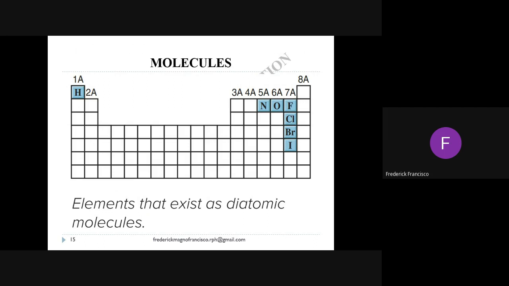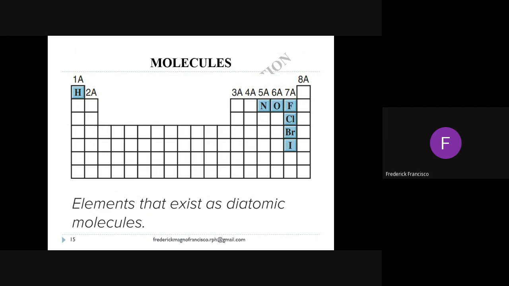The hydrogen molecule, symbolized as H2, is called a diatomic molecule because it contains only two atoms. Other elements that normally exist as diatomic molecules are nitrogen and oxygen, as well as the group 7A elements: fluorine, chlorine, bromine, and iodine.